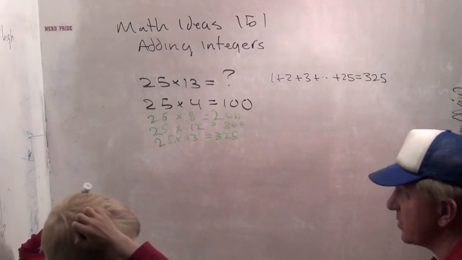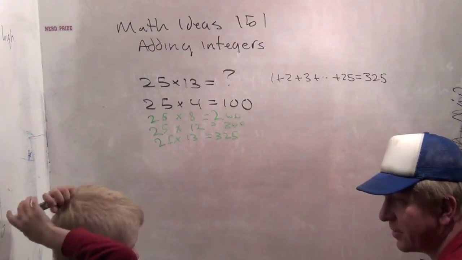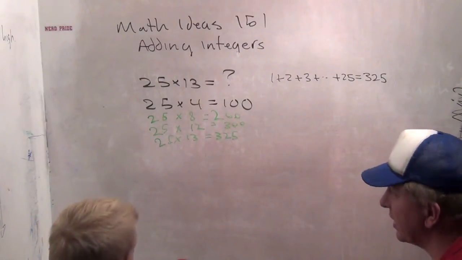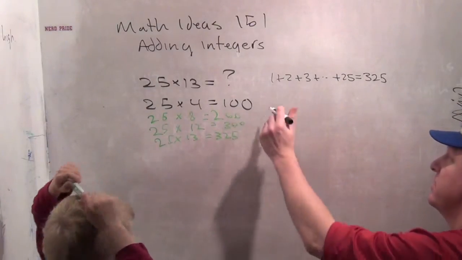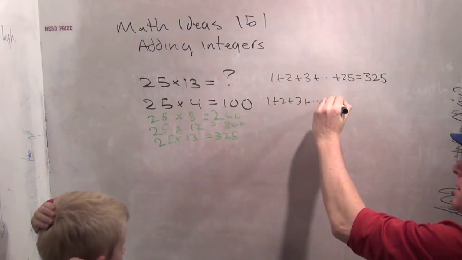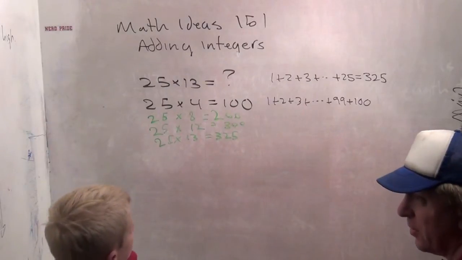So we added this all up without really even adding, with our trick. And you know what you can do? You can add up the numbers to anything you want. Using this, you could add up the numbers all the way up to 100. Whoa.